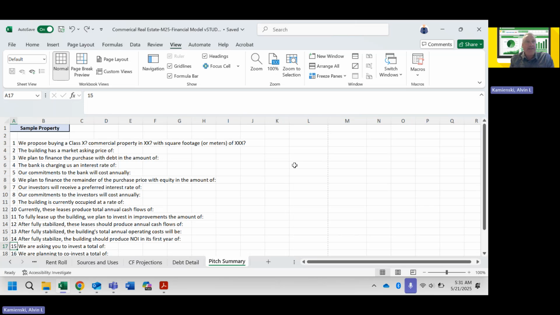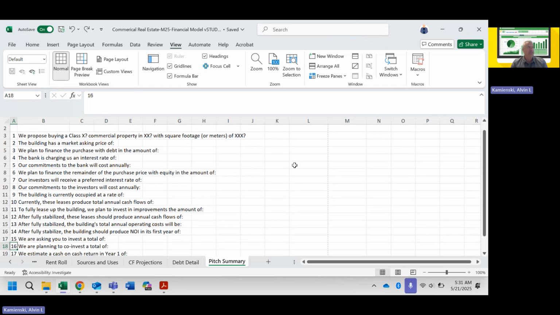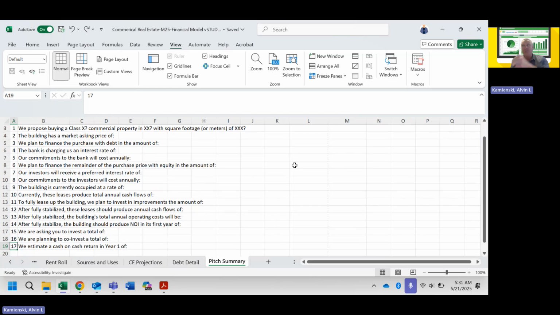Because if you can, then we would like to ask you to invest a total of $150,000. We're going to put in $100,000 of our own, and we estimate just in year one a cash-on-cash return of 8.78%. Can we count on you to partner with us on this deal? So do you see how the numbers just helped me tell the story?